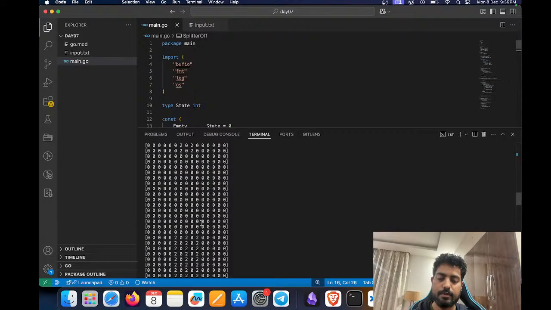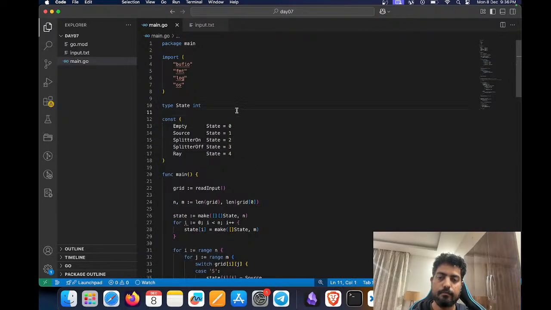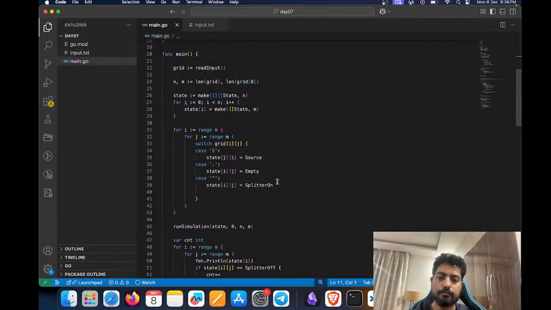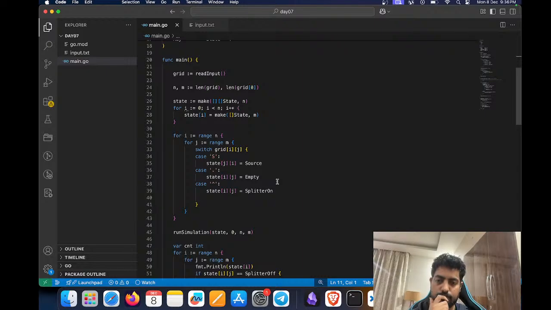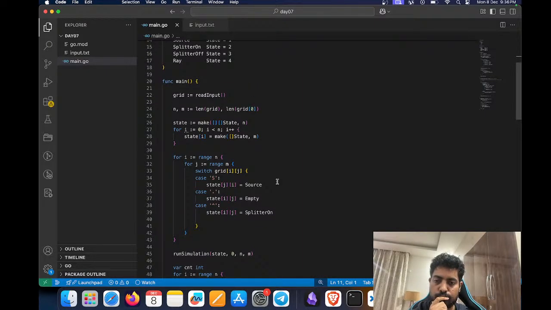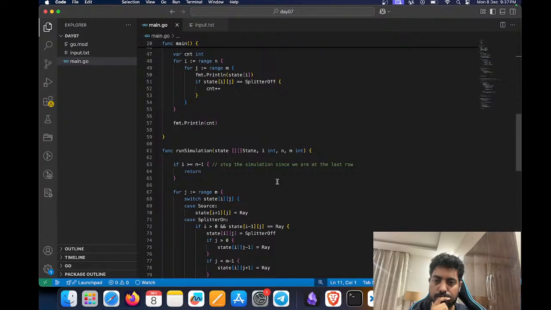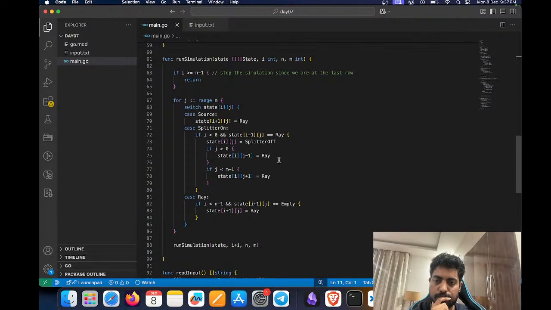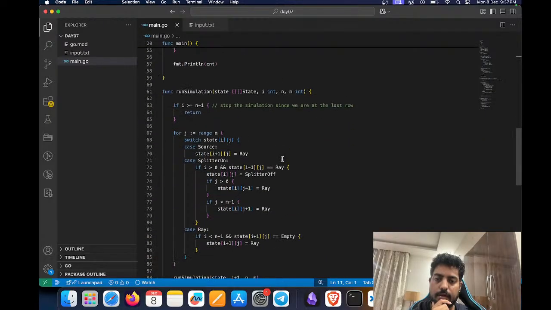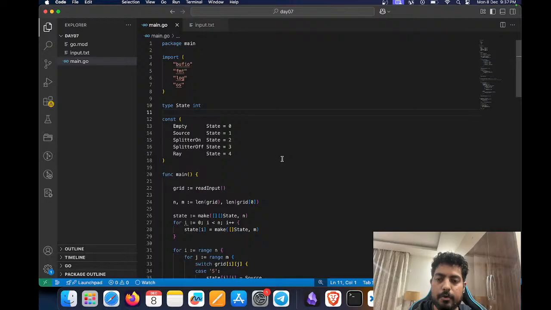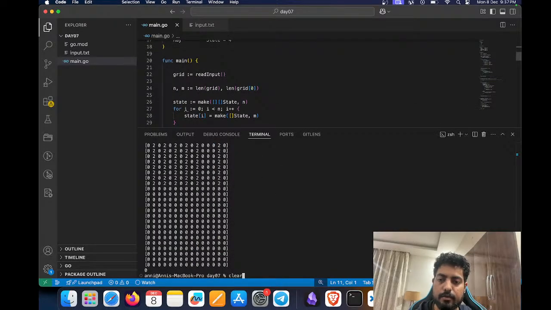Now we get 0 for some reason. I don't think we are anywhere using any sort of number, so I'm not sure why we have everything as 0.